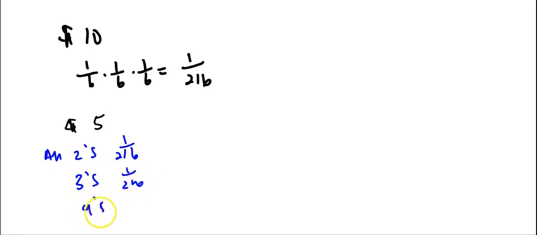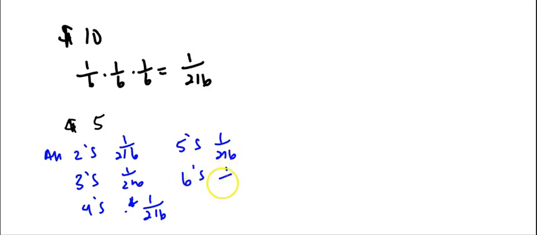All 4s, 1 out of 216. All 5s, 1 out of 216. And then all 6s, 1 out of 216. So if we add those up, that's going to be 5 out of 216.